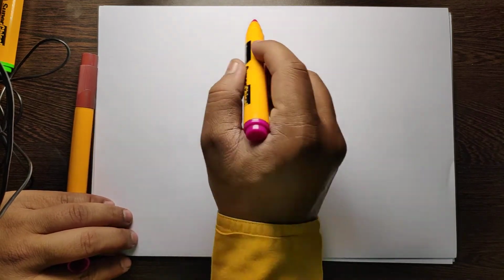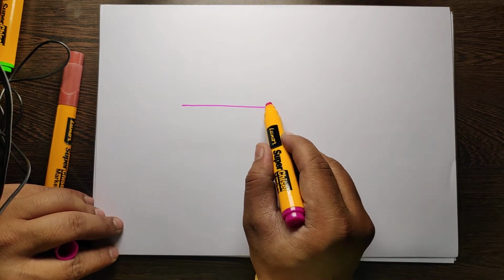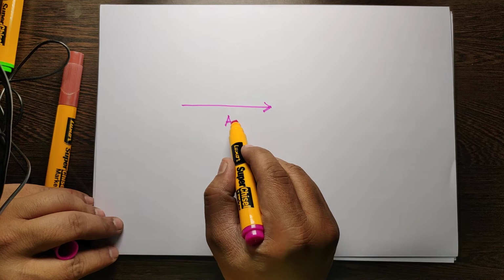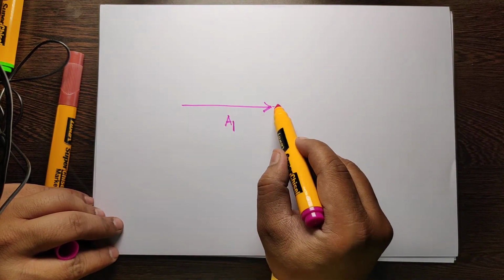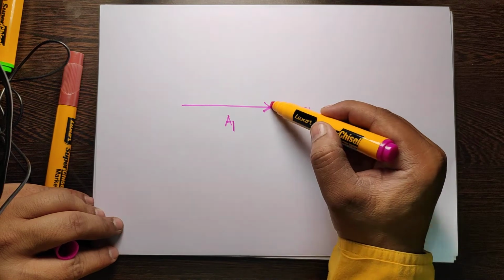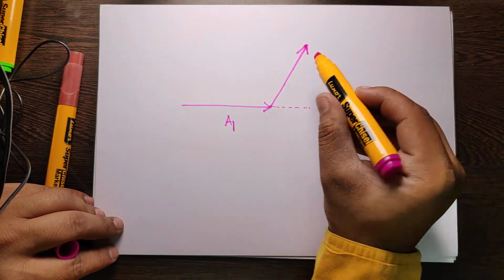The SHMs 1 and 2 have a phase difference phi between them. So this is SHM 1 with amplitude A1, and at phase difference phi from SHM 1 there is SHM 2.